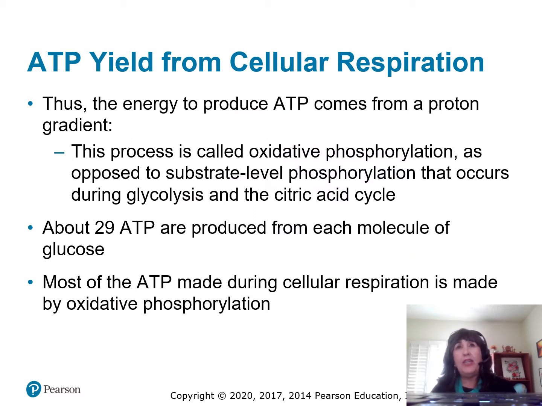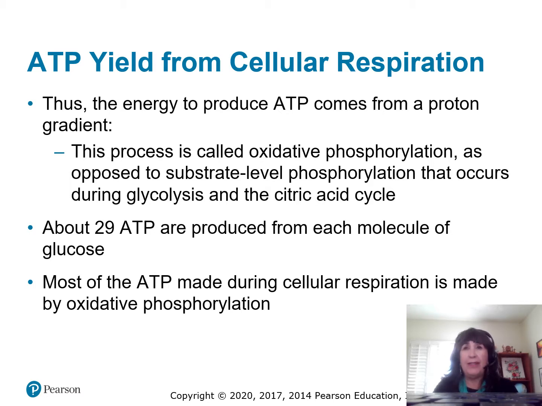So the energy to produce ATP comes from a proton gradient. In other words, all of those cascading protons will spin that F1 unit, and that F1 unit is going to create the energy to synthesize ATP. So all 4 steps combined produce 29 ATPs. That's steps 1, 3, and 4.